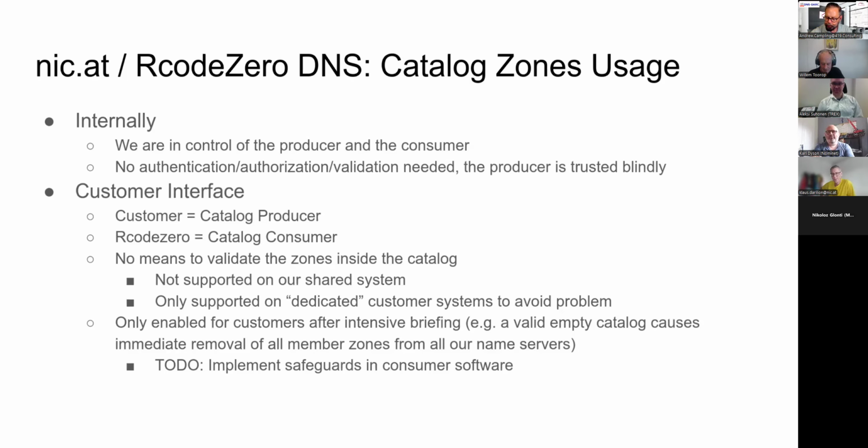Yes, I think it's very, very interesting that you're offering to be a catalog consumer for customers who are the producers. That's quite unique, I think. But I have a question about that. So you have signaling of conflicts. For example, a customer adds a zone as member zone, but it's also already in another catalog.